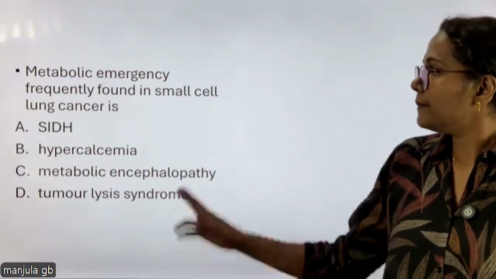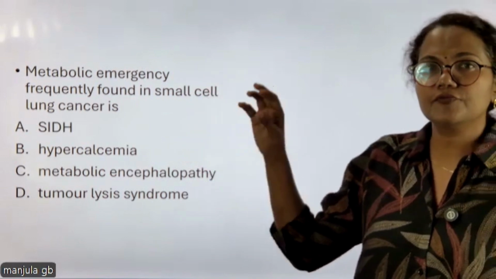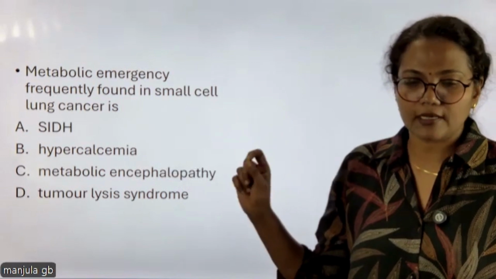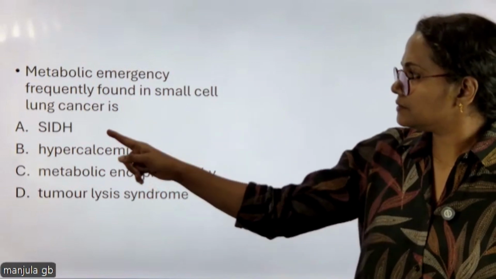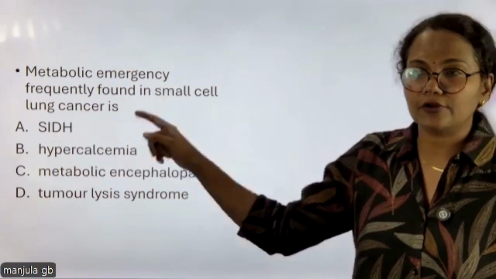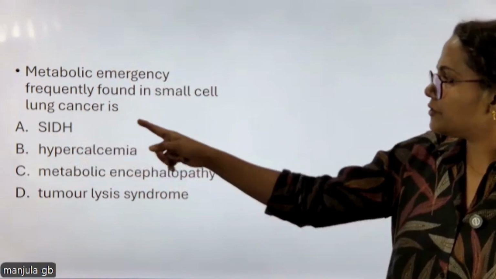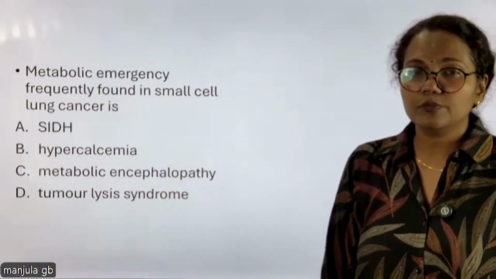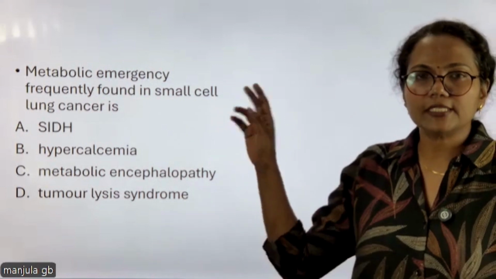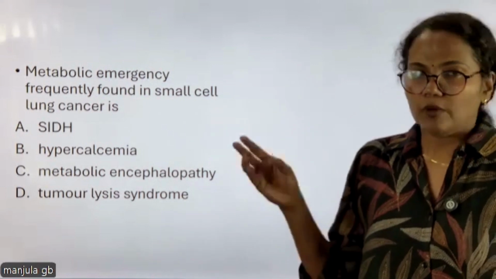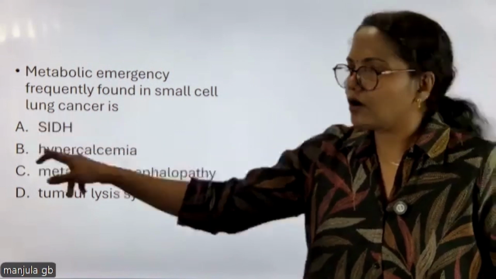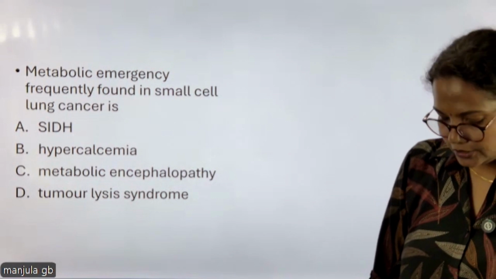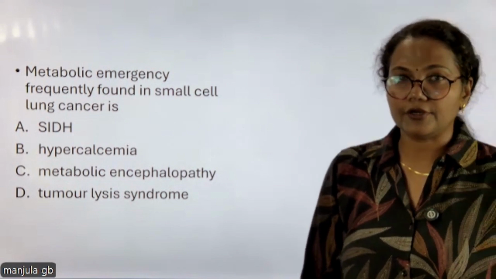Next question, metabolic emergency that is frequently found in small cell lung cancer. Syndrome of inappropriate antidiuretic hormone, hypercalcemia, metabolic encephalopathy, tumor lysis syndrome. So in small cell lung cancer, one peculiar feature is that it will cause syndrome of inappropriate antidiuretic hormone.